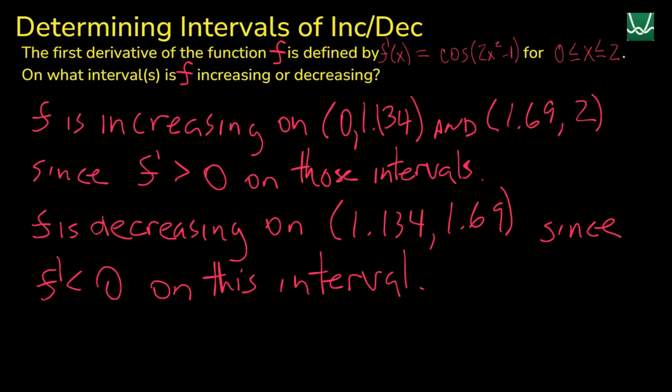Since the derivative exists for all values from 0 to 2, that means the original function is continuous. Remember, differentiability implies continuity. So we can include the endpoints on the intervals for increasing and decreasing, making all of these brackets.